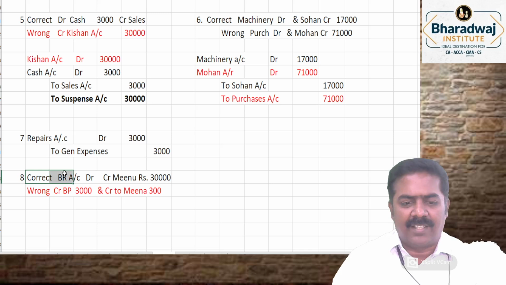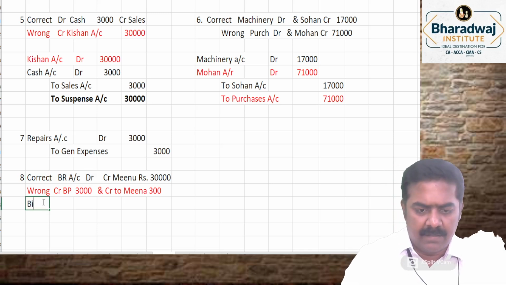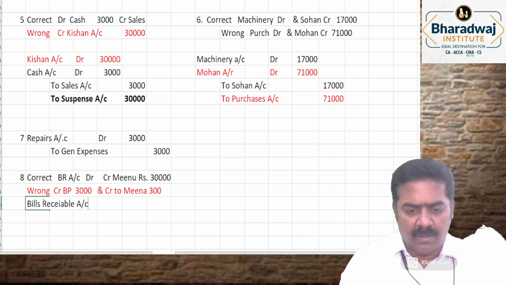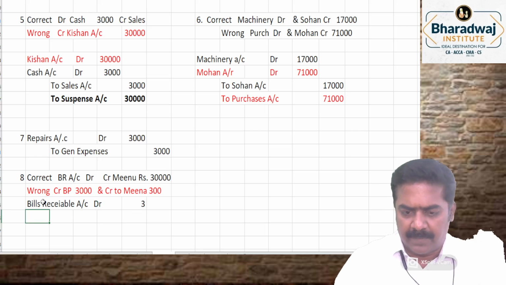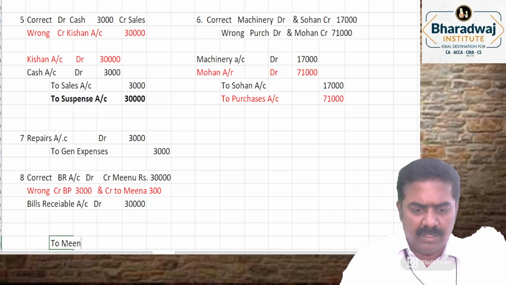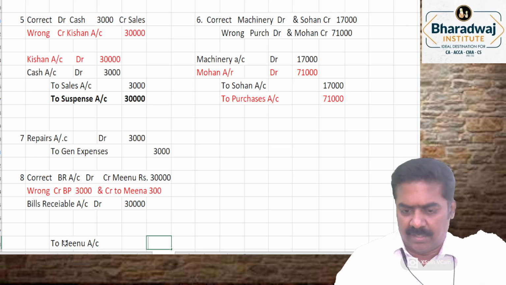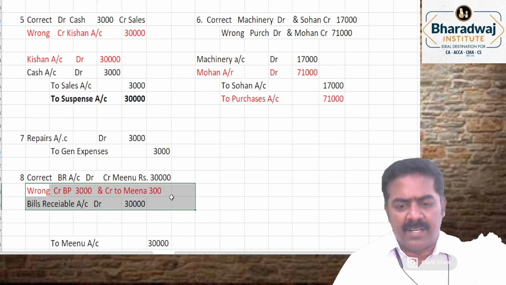So, first write the correct treatment. What is the correct treatment? Bills receivable account debit. How much to be debited? Debit 30,000. To Meenu account, 30,000. Bills payable also credited, Meena account also credited.